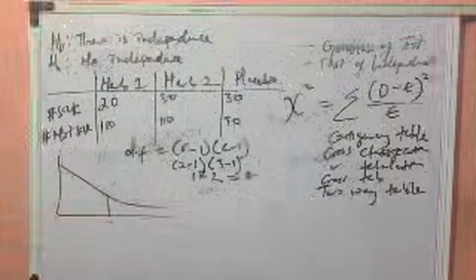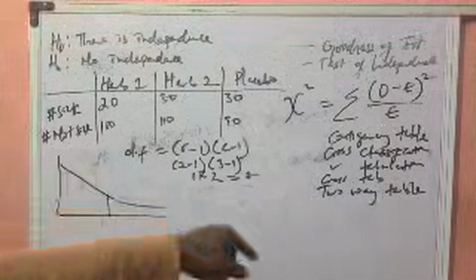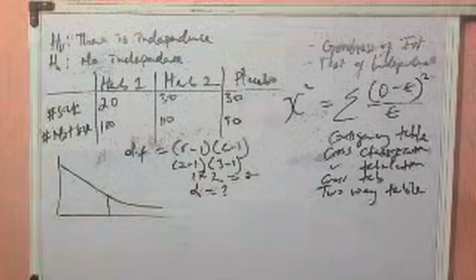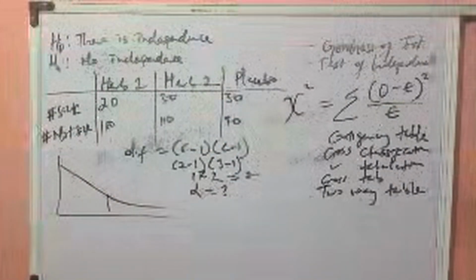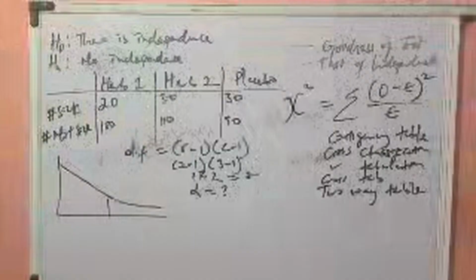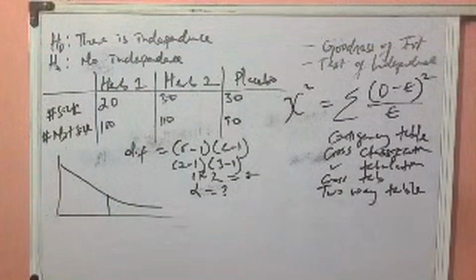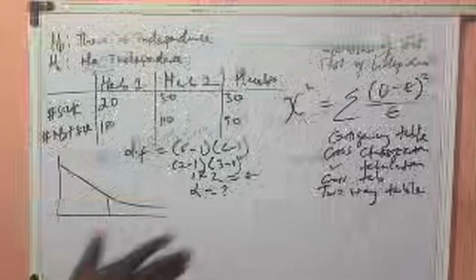You go to your table, depending on the level of significance, that's your alpha, whatever alpha they gave you. For this question, I believe the alpha was 0.05, right? Okay, no, the alpha was actually 0.1. So alpha in this case was given as 0.1.